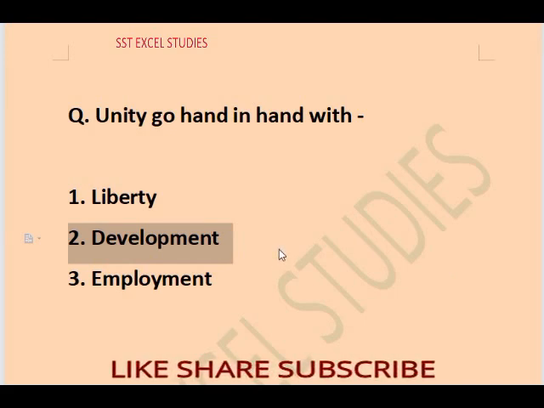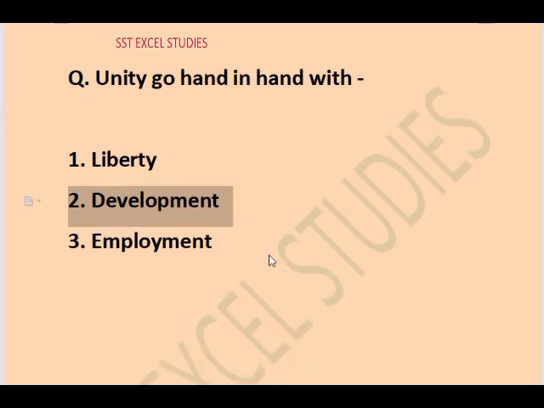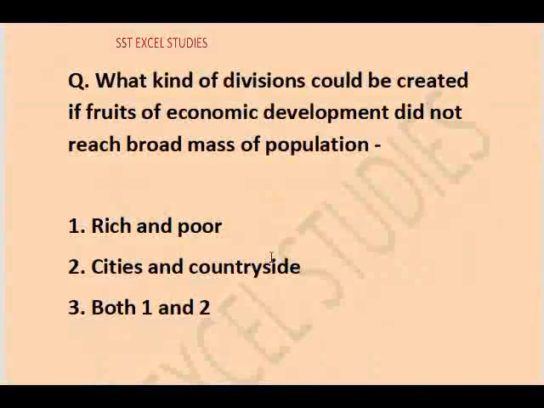Unity can be created when development is done. Next question is, what kind of division could be created if fruits of economic development did not reach broad mass of population? Options are rich and poor, or cities and countryside, or both 1 and 2.